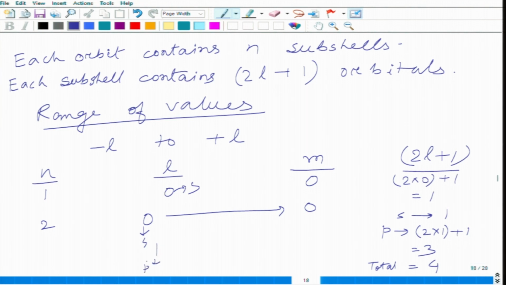For 1, that is p, we get from minus L to plus L, right?